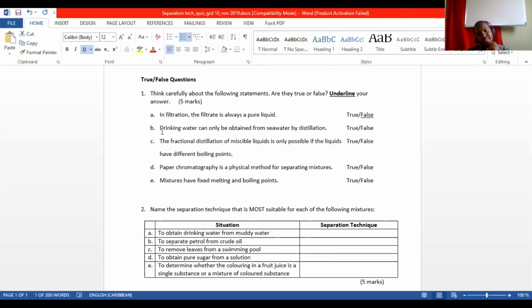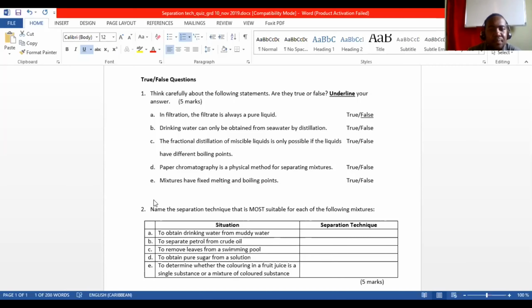If it's false, then there are other ways of getting pure water from seawater. What other method could be possible rather than distillation? Decantation? No, decantation will not work because the salt is already dissolved in the water.